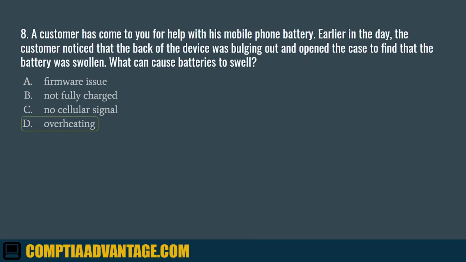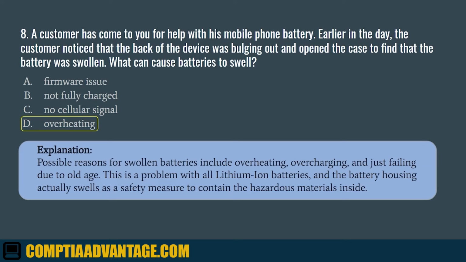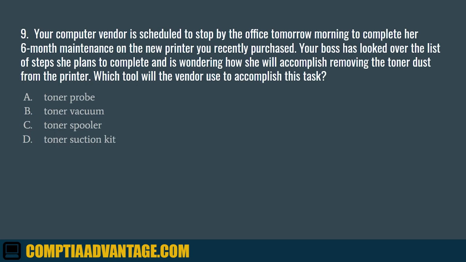The correct answer is D. Overheating. Possible reasons for swollen batteries include overheating, overcharging, and just failing due to old age. This is a problem with all lithium-ion batteries, and the battery housing actually swells as a safety measure to contain the hazardous materials inside.